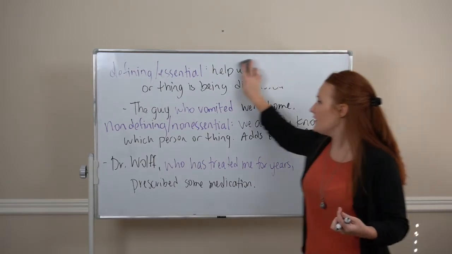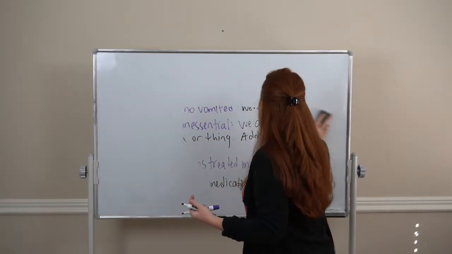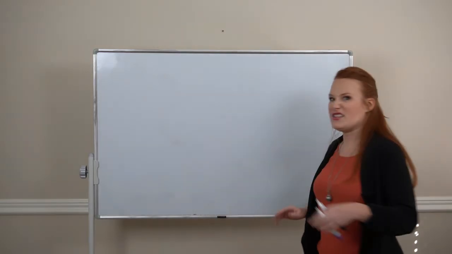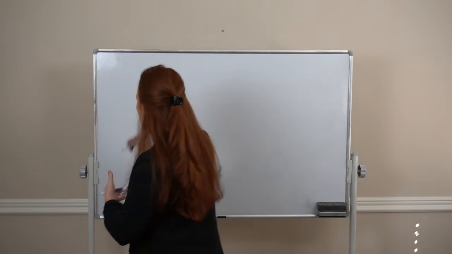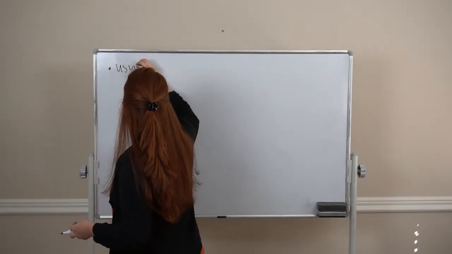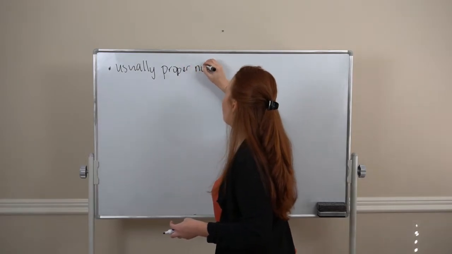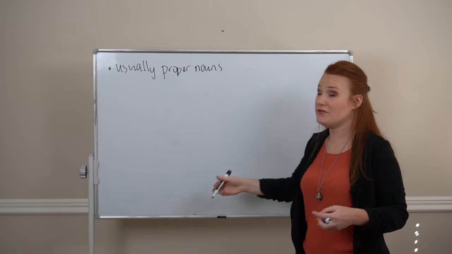So, there are some characteristics of these non-defining or non-essential clauses. Just things that are usually true. Usually, they are proper nouns. A proper noun is a name, something with a capital letter, like Dr. Wolf.